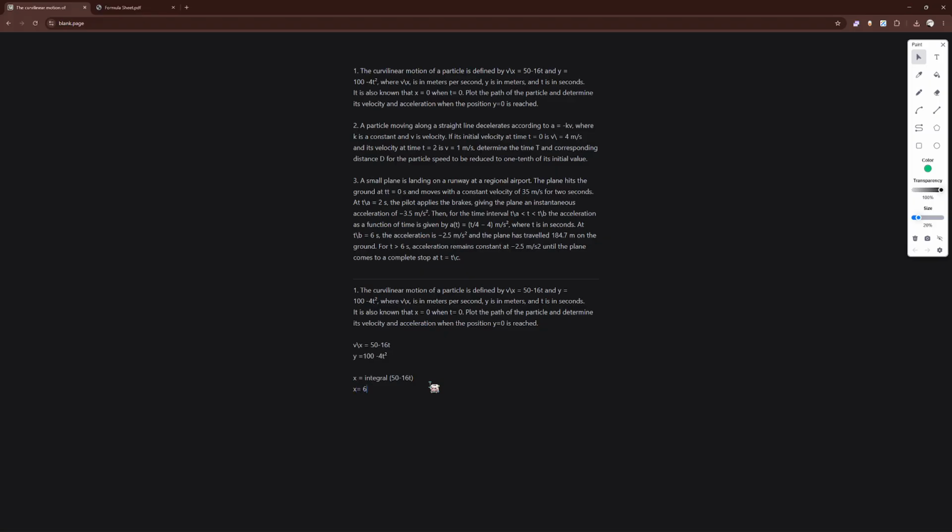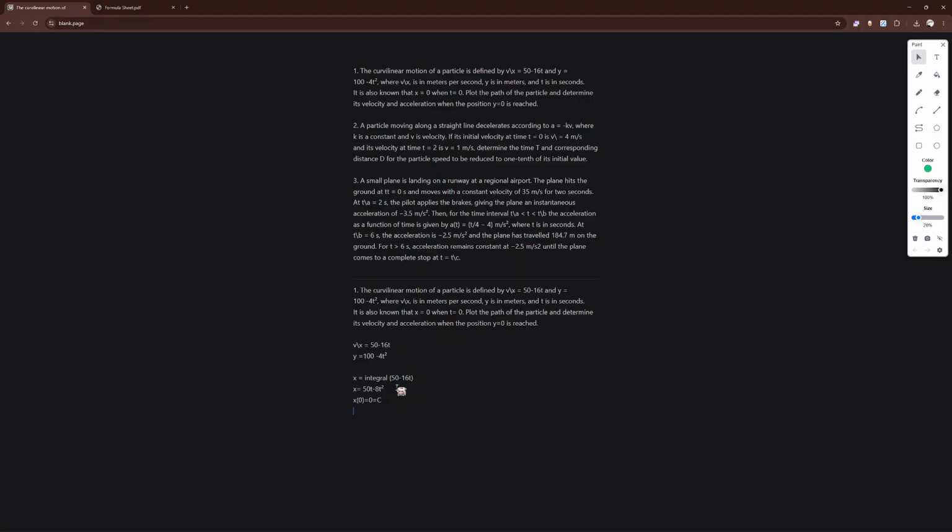So x is equal to 50t minus 8t squared plus c. But we know from our initial conditions that x equals 0 when t equals 0. So plug in t equals 0: x of 0 is equal to 0, which is equal to c. So c is just 0, and we can erase that from our equation.